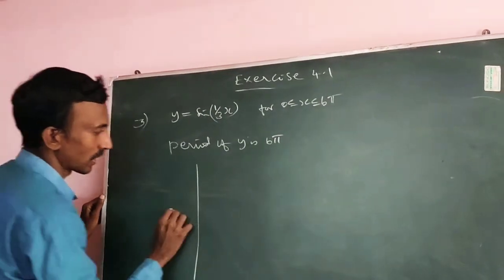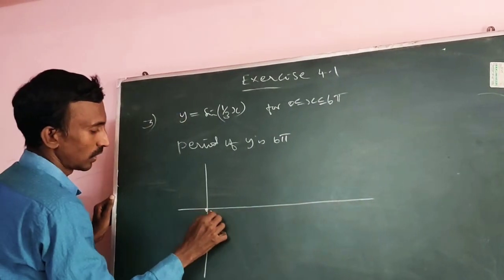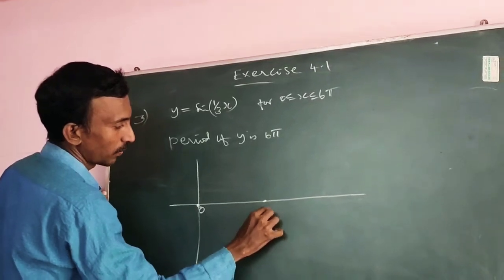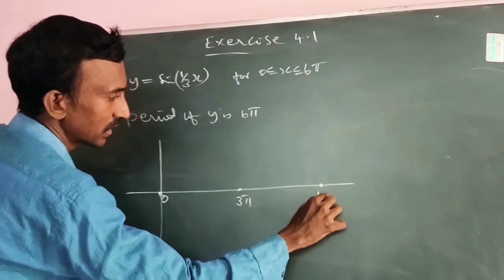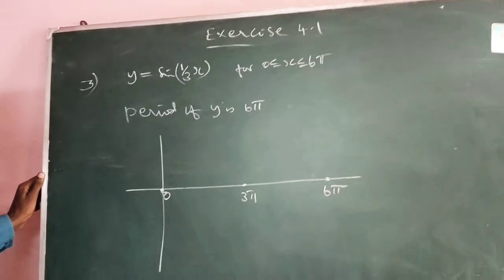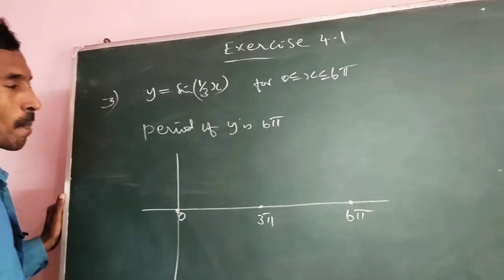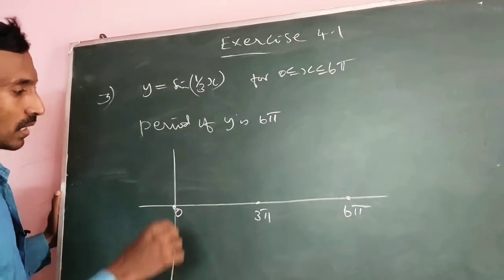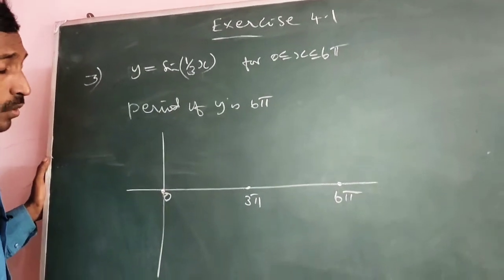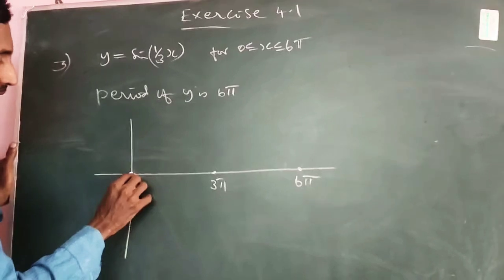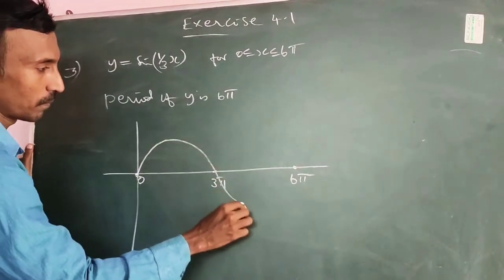Our aim is to sketch the graph, so it is 0, 3 pi as the mid value, and 6 pi. Sin 0 is 0, sin 3 pi is 0, sin 6 pi is 0. Just imagine the maximum amplitude is 1 and the sinusoidal curve.